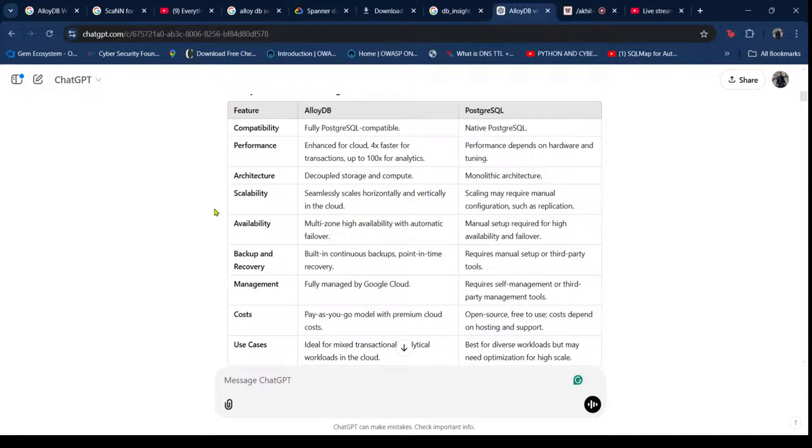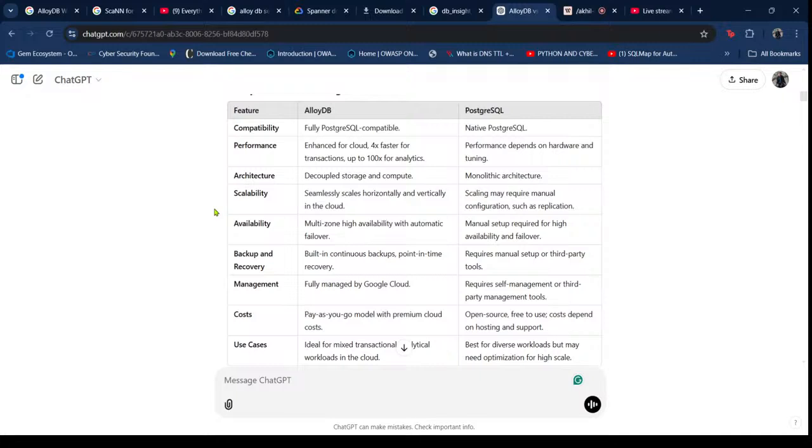But since AlloyDB is offered by Google as a service, they already have the huge infrastructure of Google Cloud. You can say that it is infinitely scalable, since they already have products like Spanner, which is described as infinitely scalable.